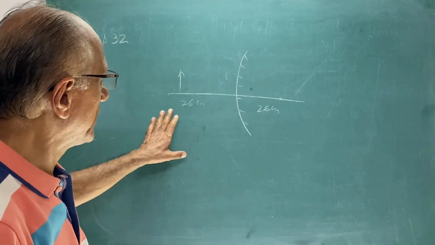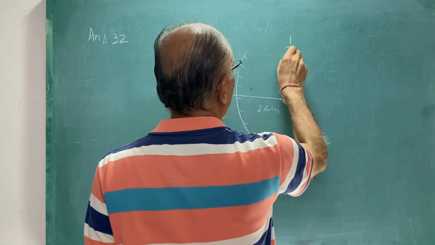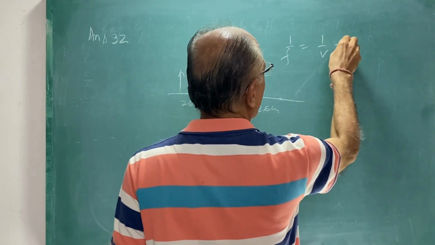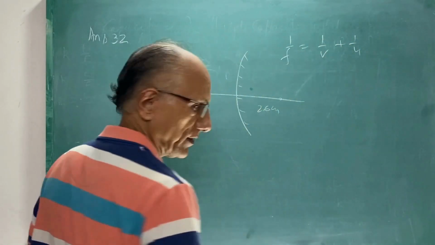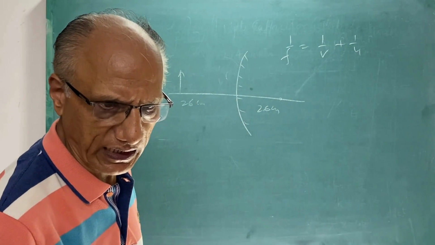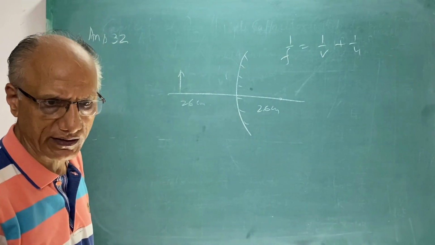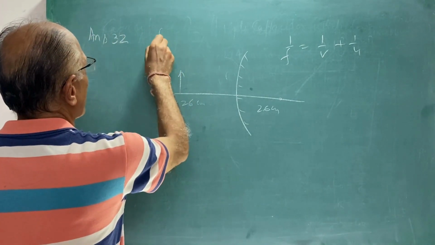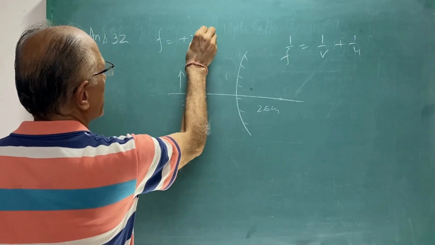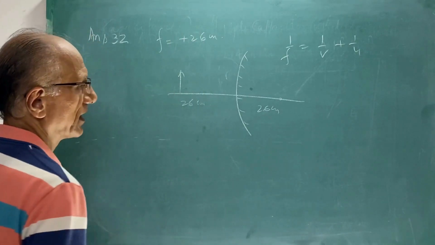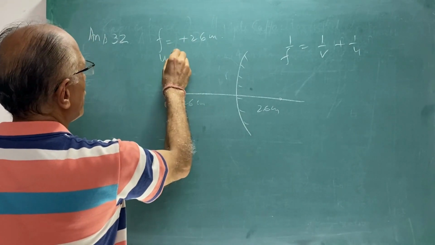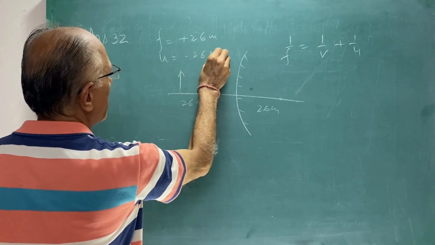So in this case, if we say 1 upon f equals 1 upon v plus 1 upon u, here it is the convex mirror. So for a convex mirror, the focal length is plus 26 cm and u is minus 26 cm.